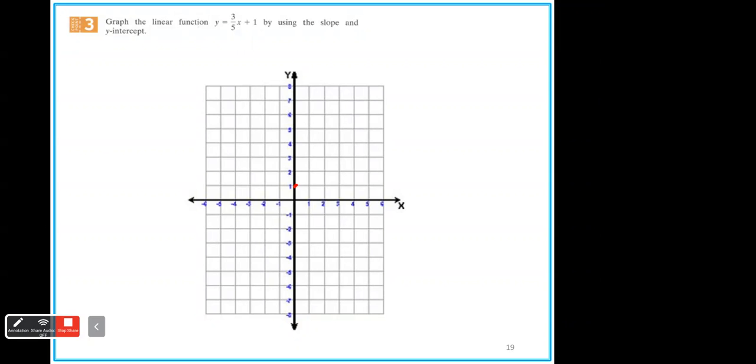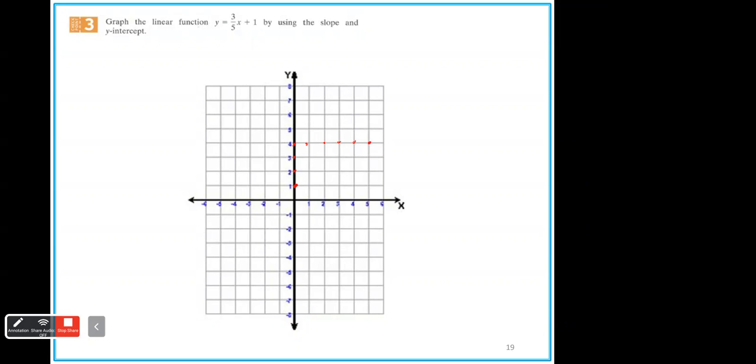Okay, so go 1, 2, 3. And then run 5. Okay, 1, 2, 3, 4, 5. So you end up at 5, 4.